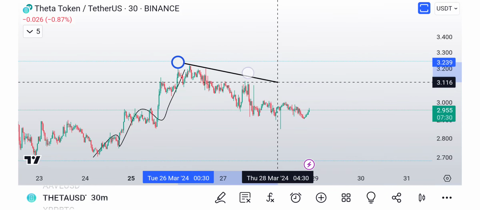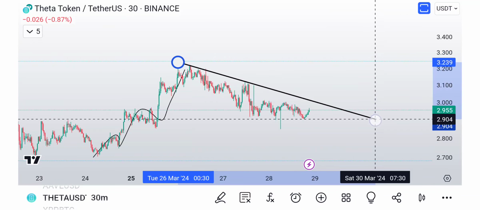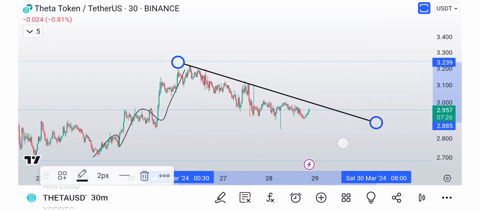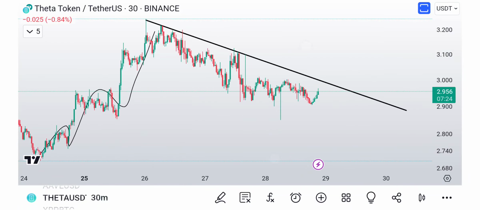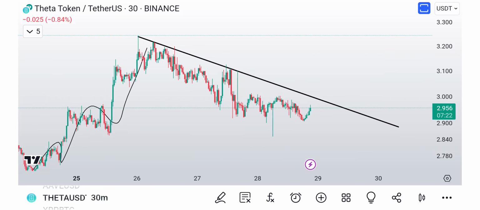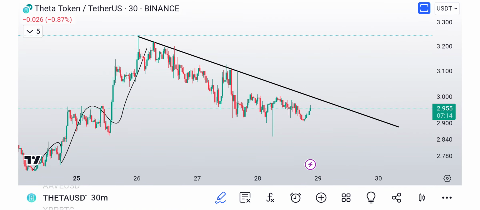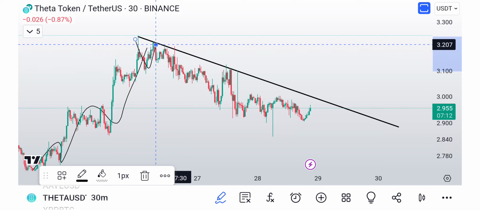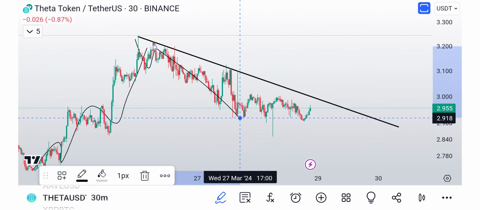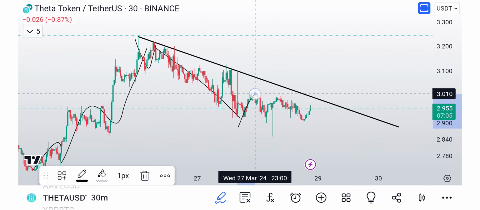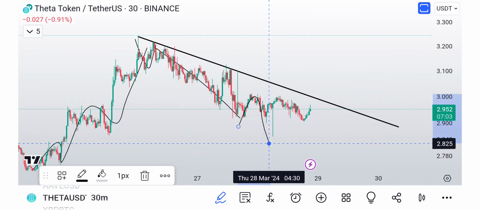I'd be curious to see if we can break above this downward resistance line right here. As far as the short-term analysis on this wave, it looks like we have a 1, 2, and then all of this is 3, and then maybe a 4 and a 5.